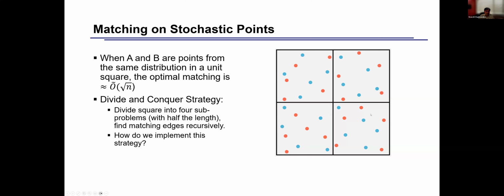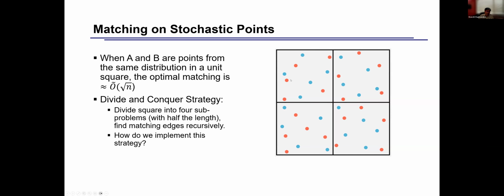If you take n samples and compute the cost of the matching, you can upper bound the cost by about square root of n log n. In other words, the average cost of an edge in the matching is about 1 over square root of n. So as n increases, the average cost of an edge in the minimum cost matching becomes smaller and smaller.